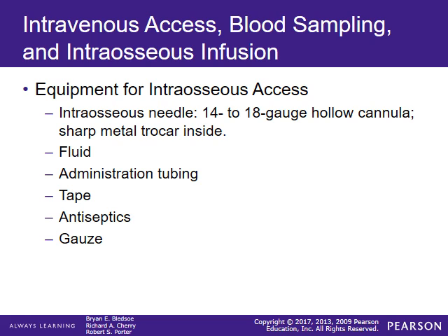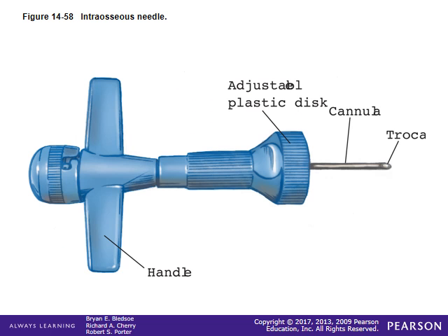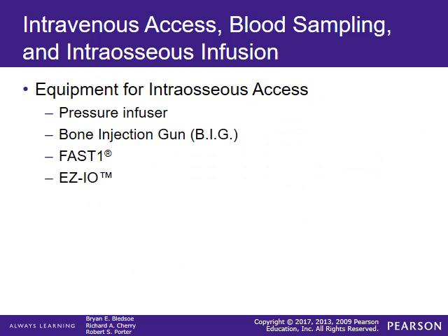Equipment is very similar to that for starting a peripheral IV. Getting your needle together, it's a little bit different needle. Usually they are 14 to 18 gauge steel cannulas or drills. This is a picture of an intraosseous or bone marrow needle.